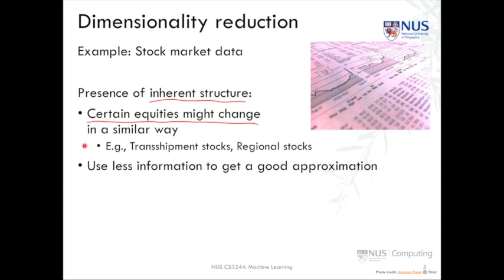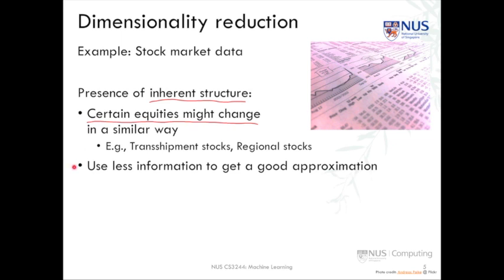And it's probably easier for us to measure the difference between a transshipment stock and its peers rather than to look at each of them individually. The same goes for regional stocks. A regional stock might be characterized by a regional average, with small deltas measuring the fluctuations between these individual stocks.